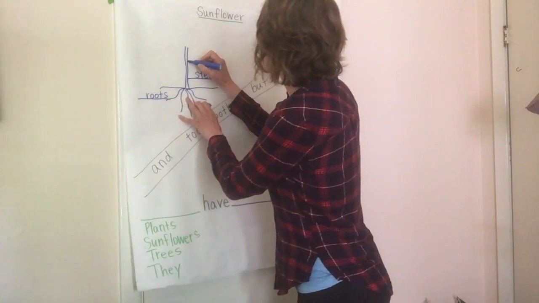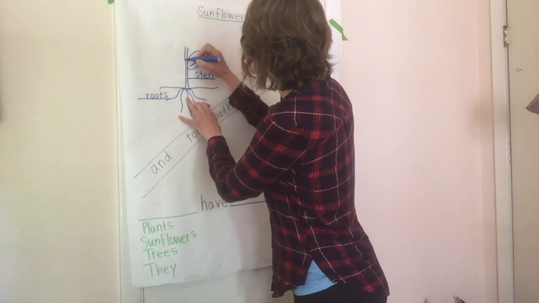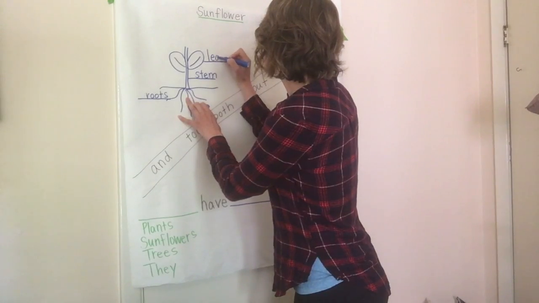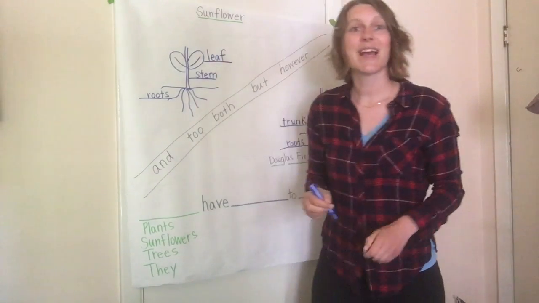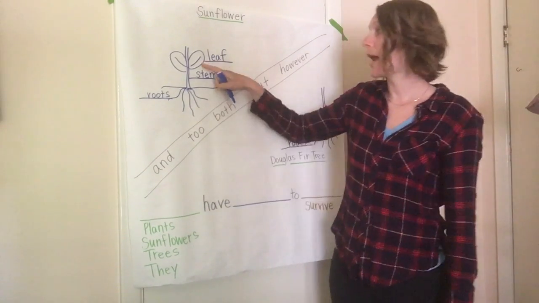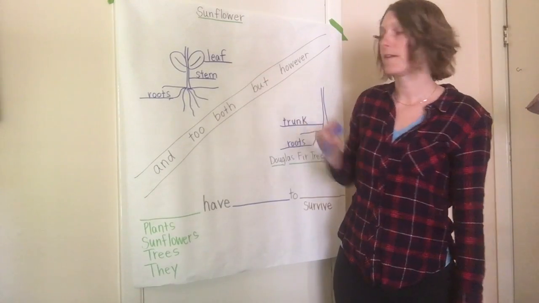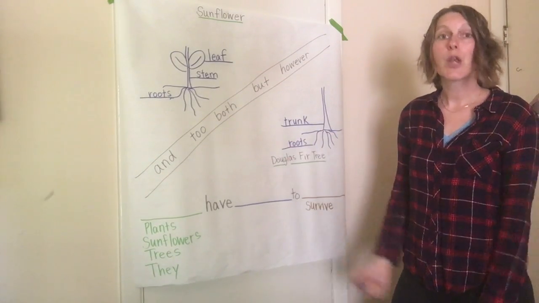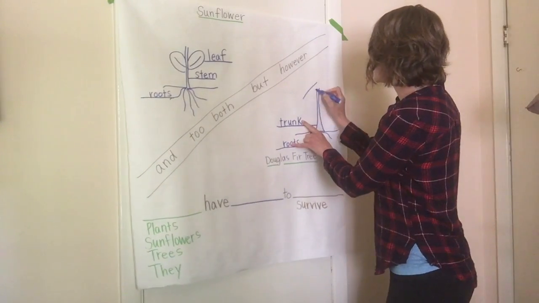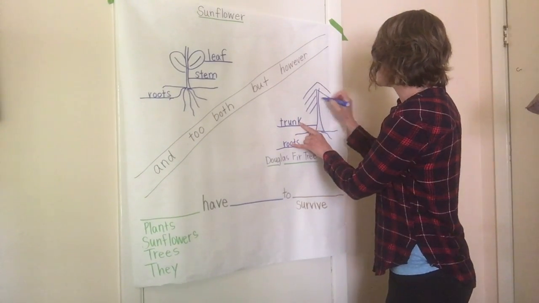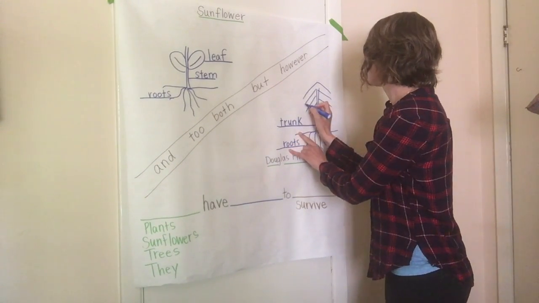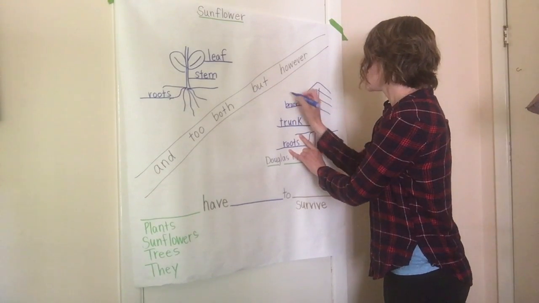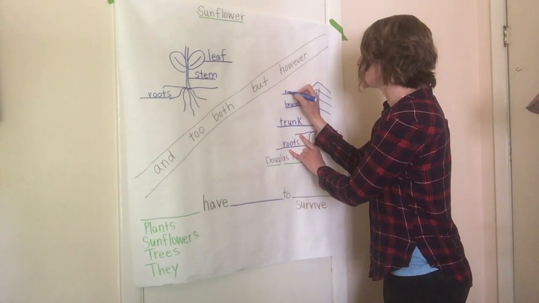On the sunflower, we also see leaves. Leaves has an S because it is plural, but I'm just labeling one leaf here. Does a Douglas fir tree have leaves? No. A Douglas fir tree has branches and needles.